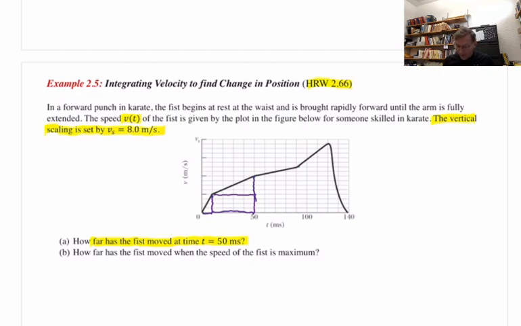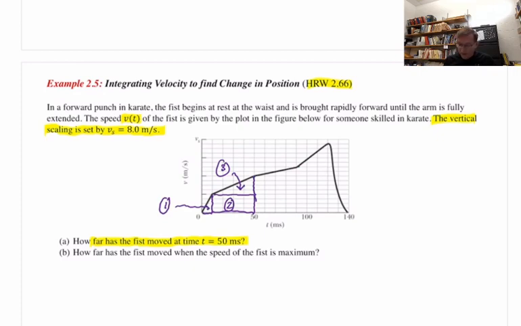I find it convenient to label the areas. Let's label that triangular area 1, and that rectangular area there 2, and then this other triangular area here 3. And you just have to look very carefully at those shapes, and you have to remember a little bit about geometry, like what's the area of a rectangle, what's the area of a triangle.